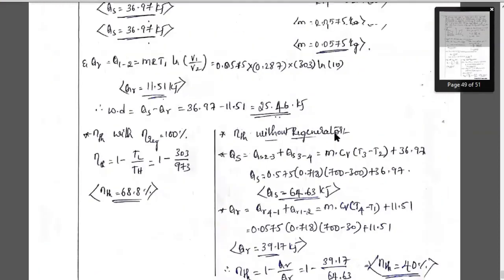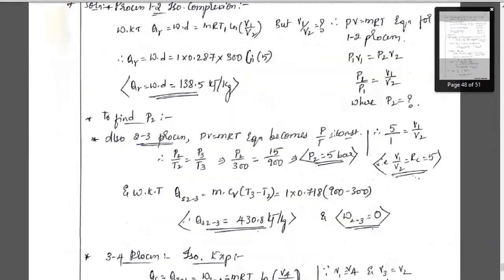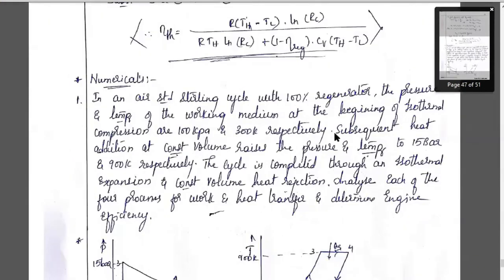Usually in the examination, problems on the Stirling cycle are rare, only 1% you can expect, and 99% you can expect problems on diesel, auto or dual. In these three cycles, two cycle derivations and two cycle problems will come. What are those? Auto, diesel, dual. In these three, any two problems will come.